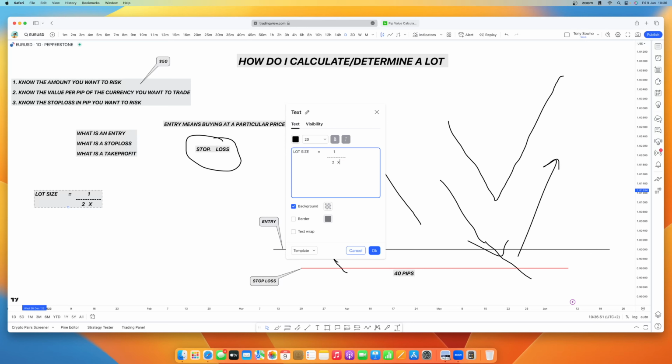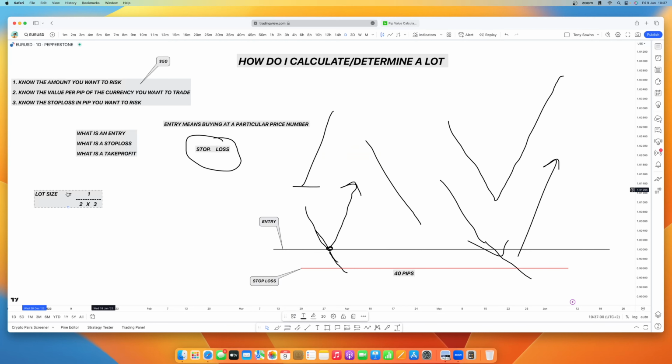That's how you get your lot size. So lot size equals 1 divided by 2 multiplied by 3.